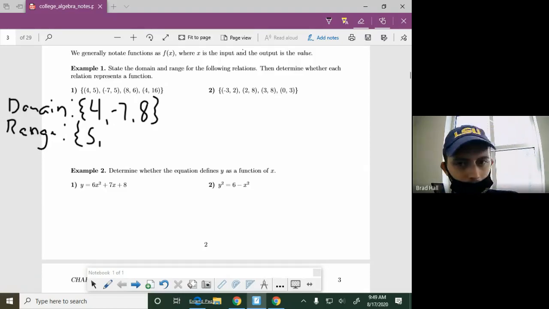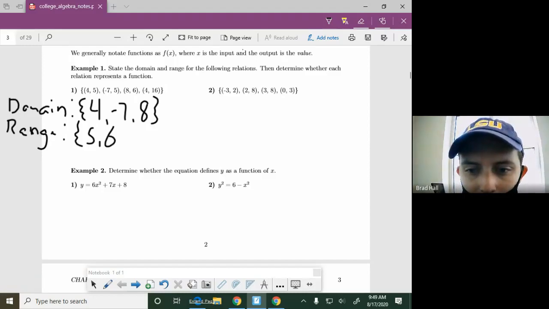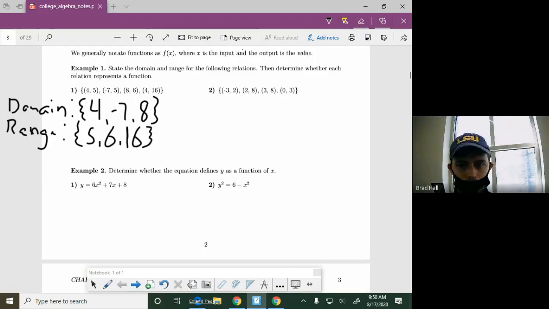And then the next one, -7, 5, we would list off the 5, but we already have a 5, so we skip it. And then I see a 6 and a 16. Just like that. So don't write any duplicates, if there are any. And I wrote off all the y values.